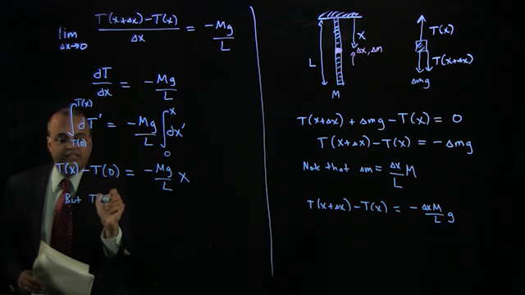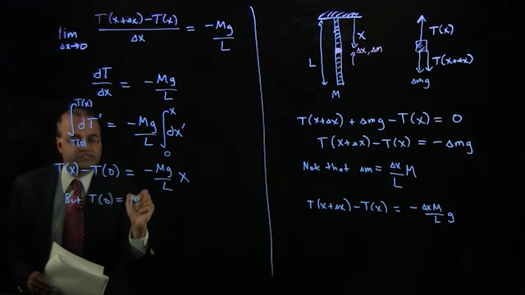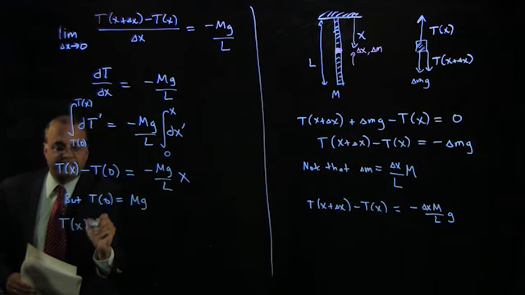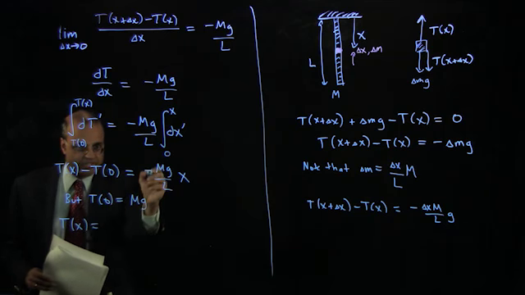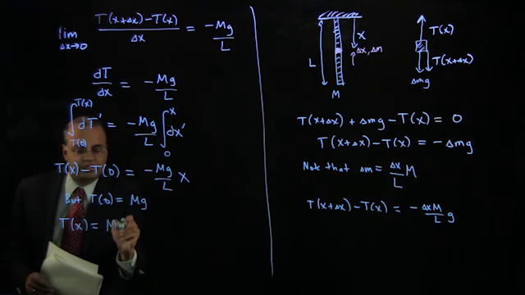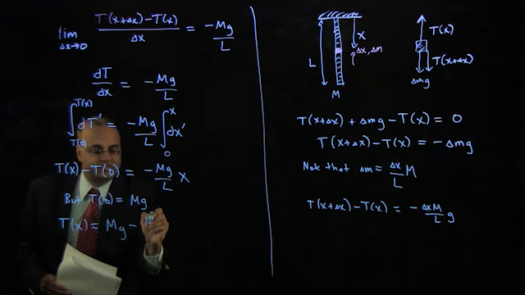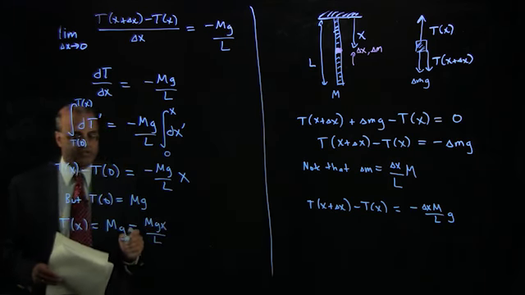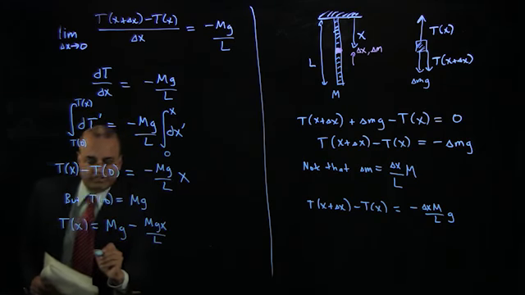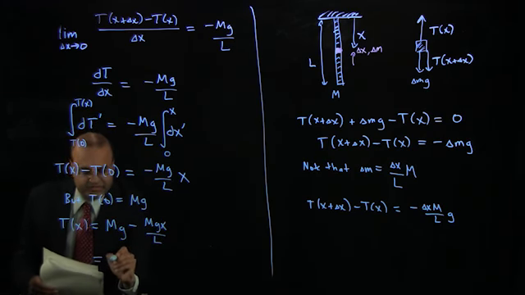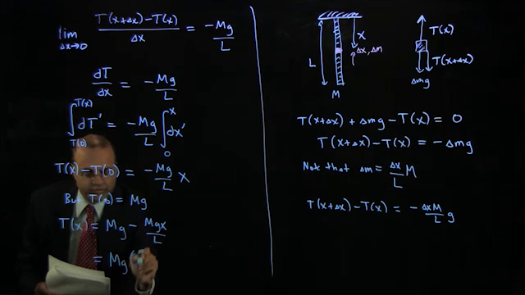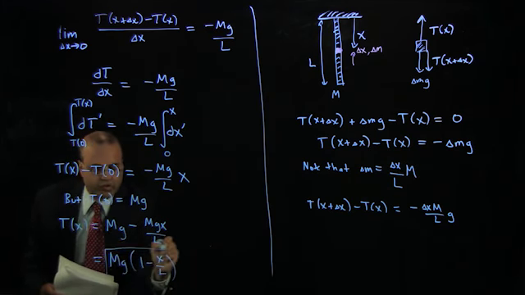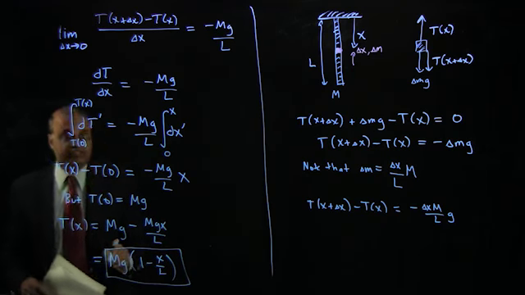So we know that t at x equals 0 is just equal to mg, and therefore the tension at position x is, if I bring t of 0 to this side, just mg minus mg x over L. And so I can just write that as mg times 1 minus x over L. So that tells me what the tension is as a function of position.